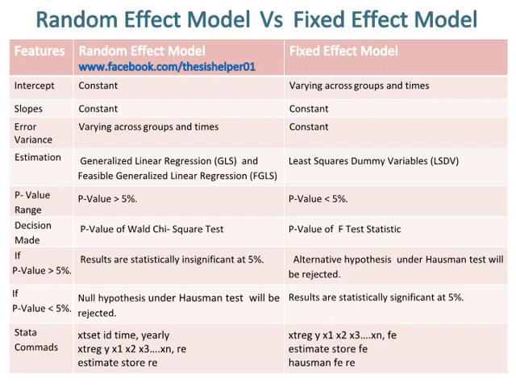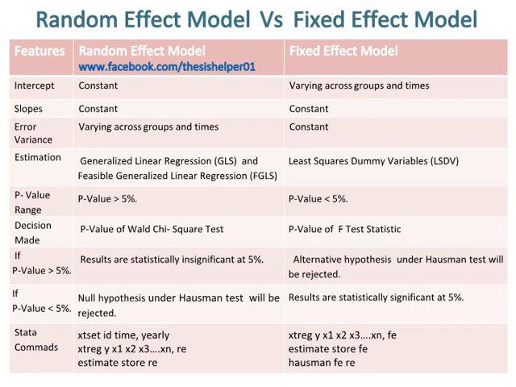P-value range in random effect model is p-value greater than 5%, whereas p-value range in fixed effect model is p-value less than 5%. If p-value greater than 5%, results are statistically insignificant at 5%, whereas alternative hypothesis under Hausman test will be rejected.